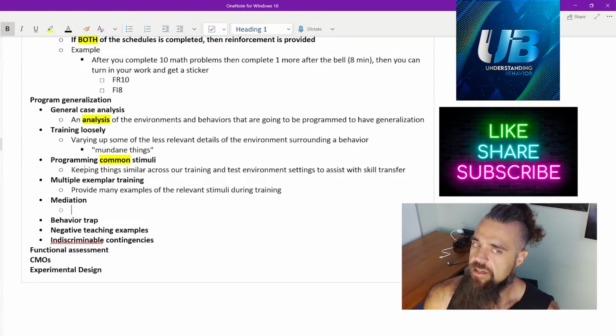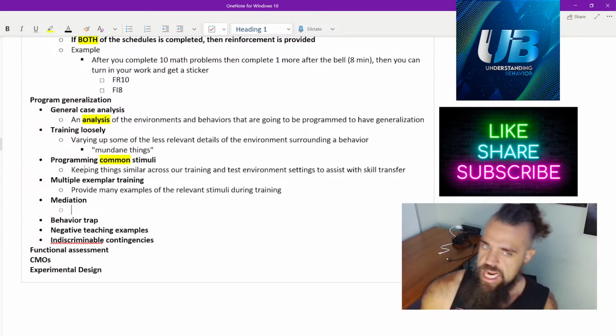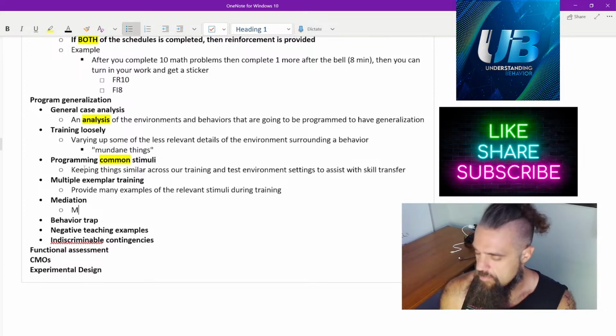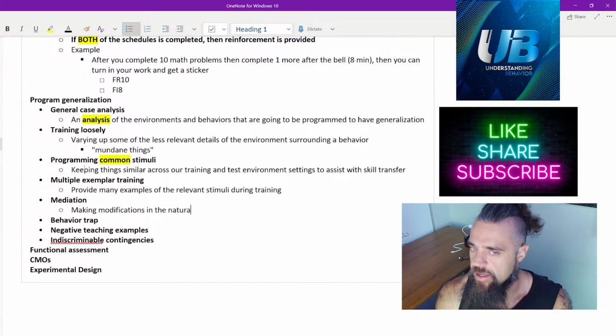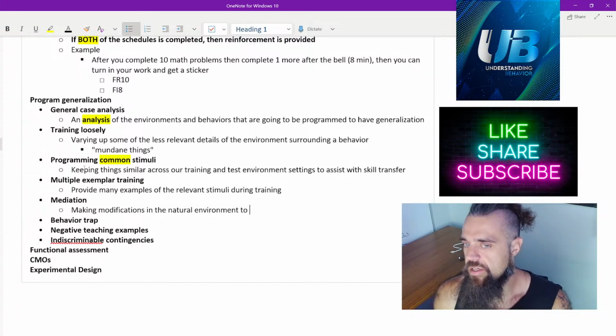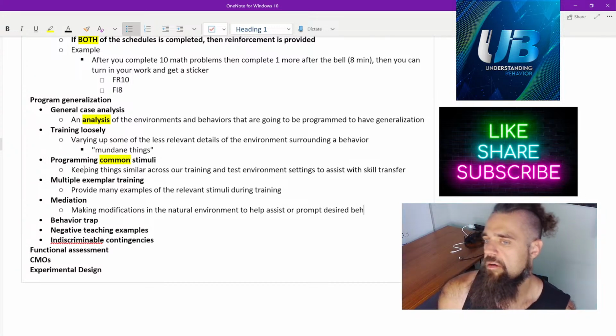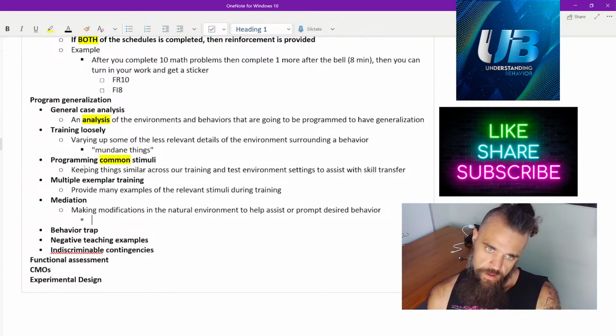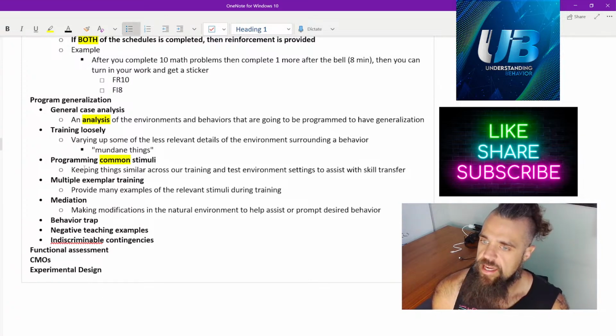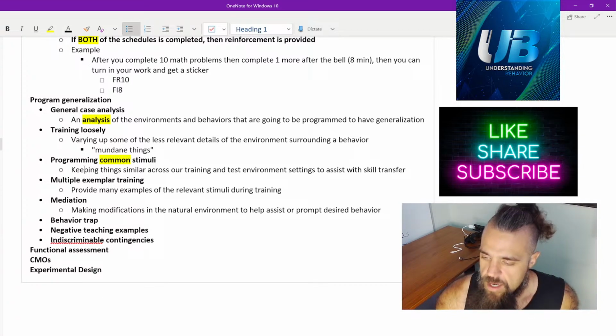Excuse me. So our next one here is mediation. This is making modifications in the natural environment to help assist or prompt desired behavior. This might be leaving schedules or sticky notes around.